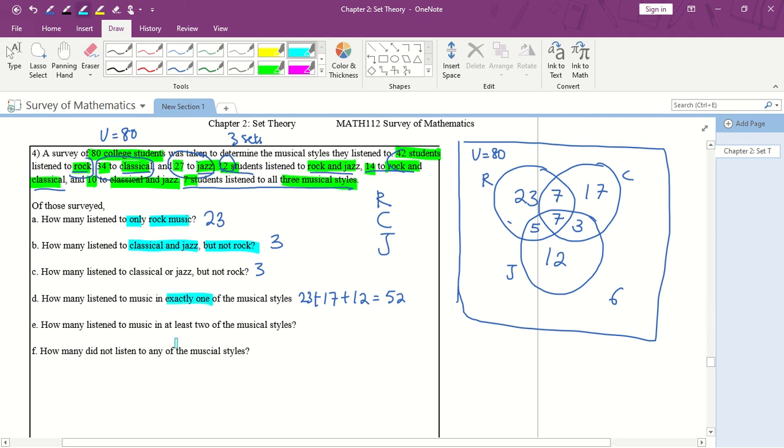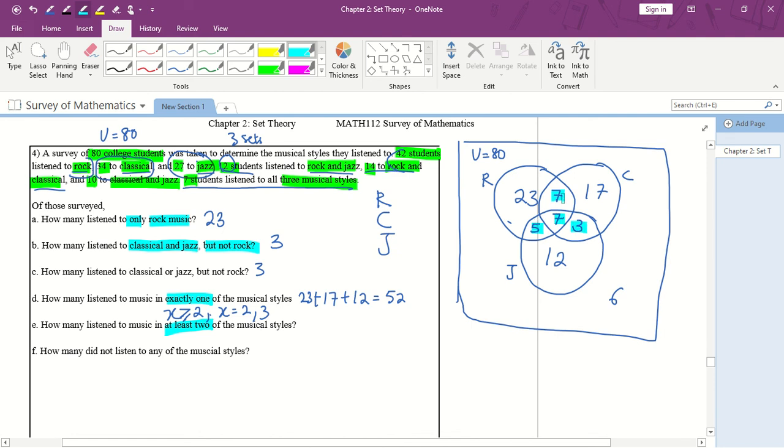Exactly one is done. Now here is at least 2 of the musical styles. So what does at least 2 mean? It means at least 2 musical styles. At least 2 also means 2 or 3 in this case, because there's no 4, right? So it talks about the region here: at least 2, 2, 2, and 3.